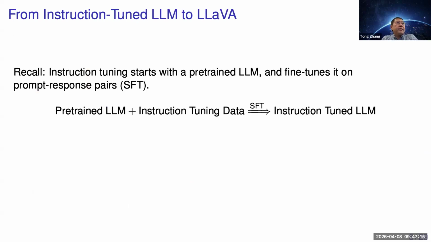Now let's look at the instruction tuning to create such a VLM. This is basically LLaVA's approach. As I said, there are other recipes, but this is the simplest one, which we could look at. If you recall, instruction tuning starts with a pre-trained LLM and fine-tunes on prompt-response pairs, which we also call SFT. This gets you the instruction-following ability. In that class, we mostly talked about the data, where it comes from.